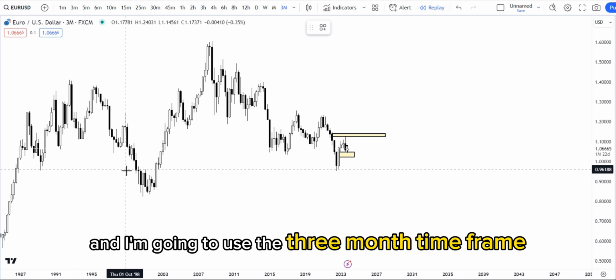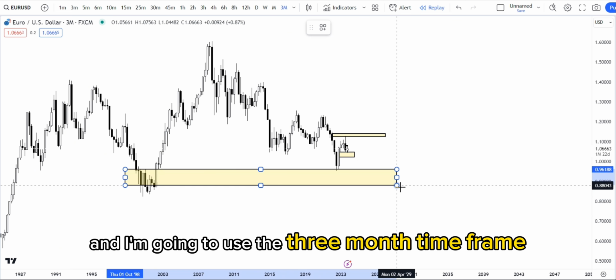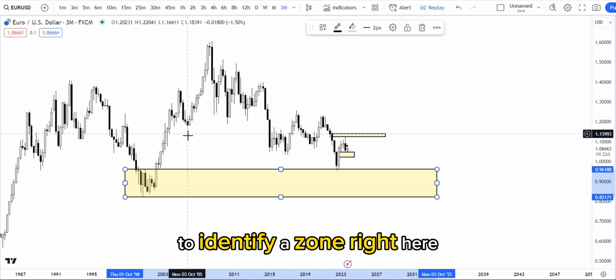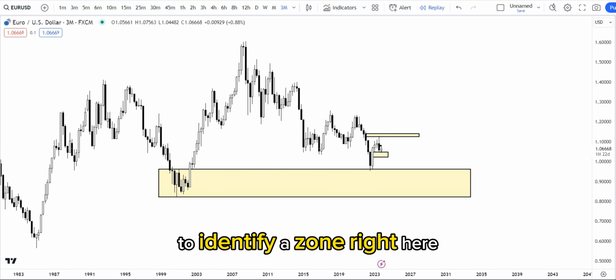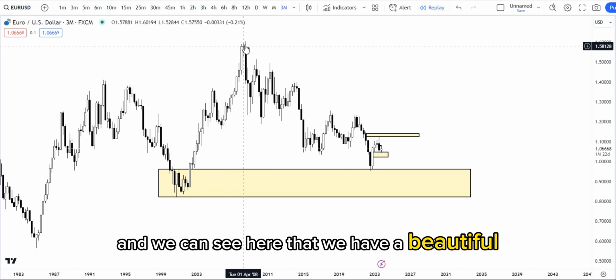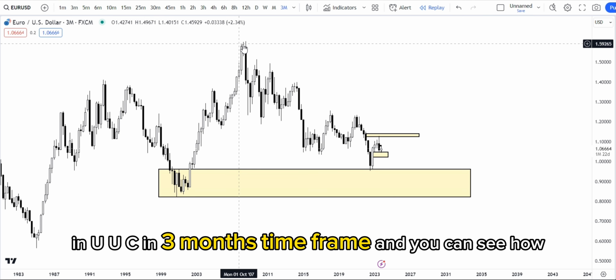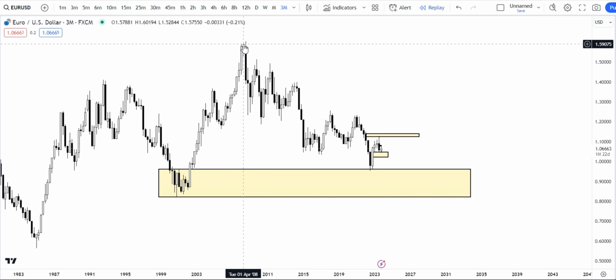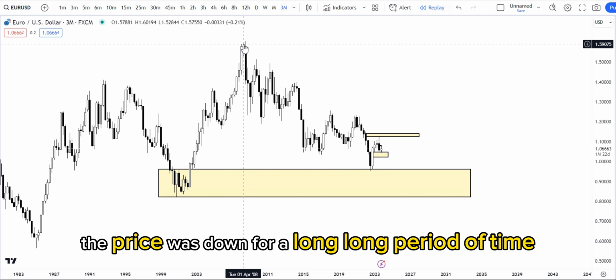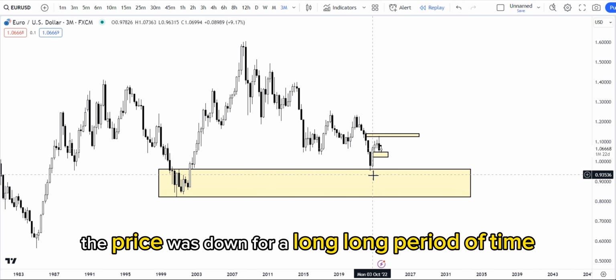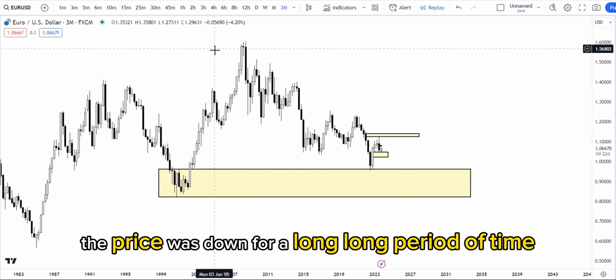I'm going to use the 3-month time frame to identify a zone right here, and we can see that we have a beautiful demand zone in Euro USD on the 3 months time frame, and you can see how the price was down for a long period of time.